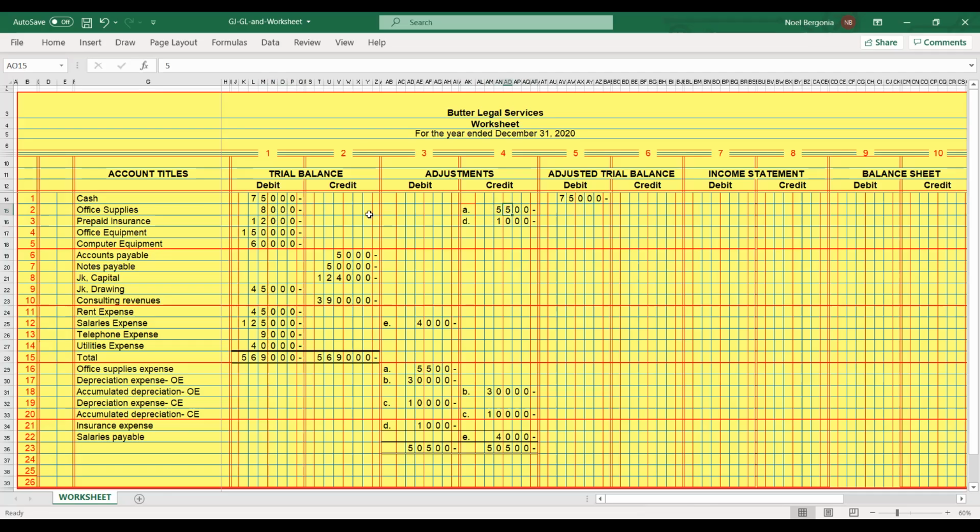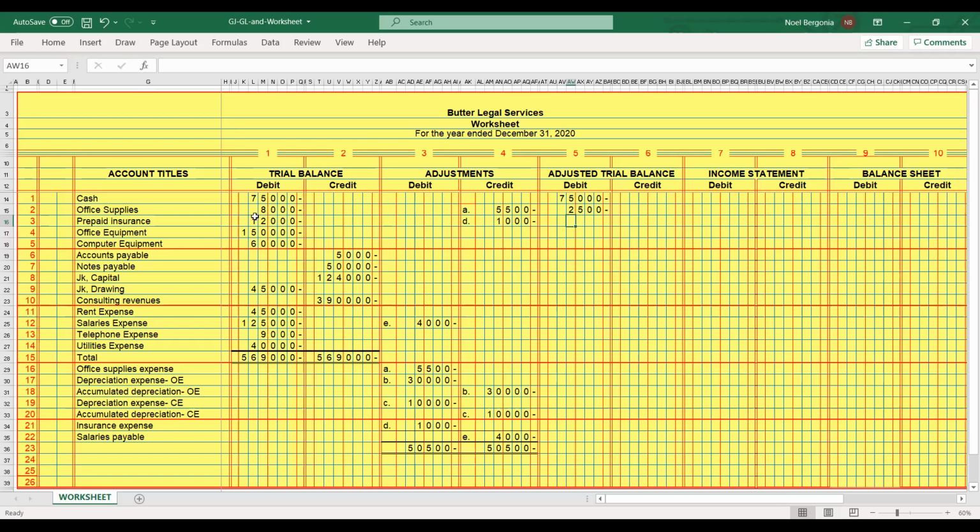Saan mas mataas? Sa debit. So if you deduct 8,000 with the 5,500, that is actually a remaining balance of 2,500 and it will be written on the debit since mas malaki po yung balance in the debit and office supplies has a normal balance of debit talaga. Okay, so ganun ha, pag magkaiba sila ng placement, ide-deduct.